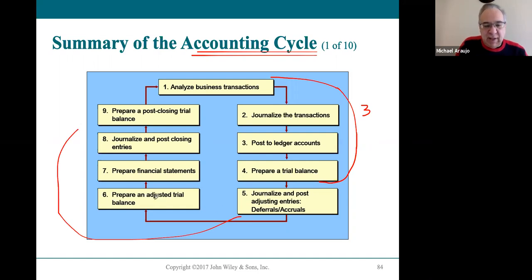Adjusting entries, adjusted trial balance, financial statements, closing entries, and then you just learned about what's called a post-closing trial balance. All of this is chapter 4. This is the entire accounting cycle. And as you see, it's taken quite a while to learn it for a reason. It is complex, but once you practice and get used to this, I think you're going to be quite good at it.